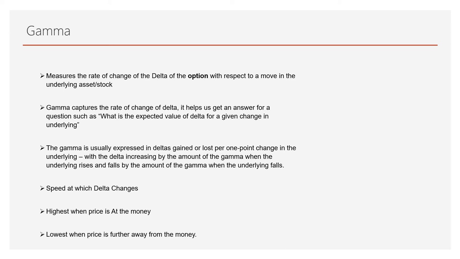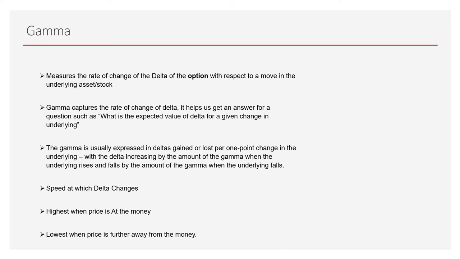So gamma is basically a derivative of delta, like delta is a derivative of the underlying price. It tells us at what speed our delta is changing.